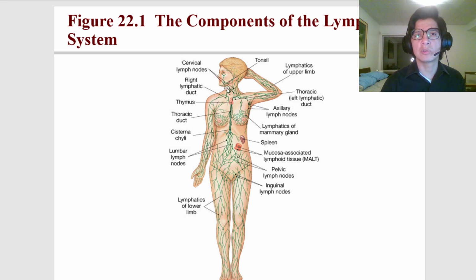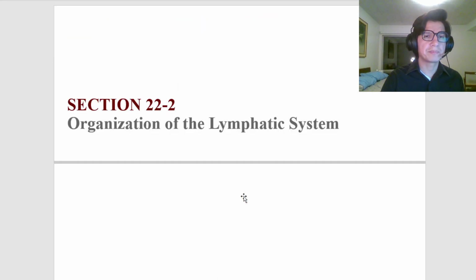Areas exposed to the exterior environment would be your digestive and respiratory systems, and areas of high convergence would be your axillary nodes surveying your arms, your cervical nodes surveying your head and neck, and your inguinal nodes surveying your lower extremities.